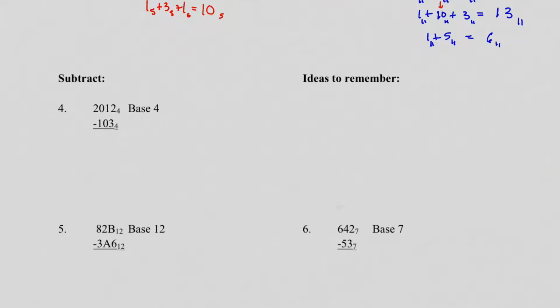Number 1 would be, just like previously, you can't have a digit in your answer that's equal to or higher than the base that you're working with. That means you went over the max and you have to start counting sets of those bases.